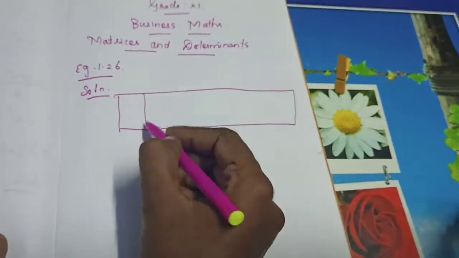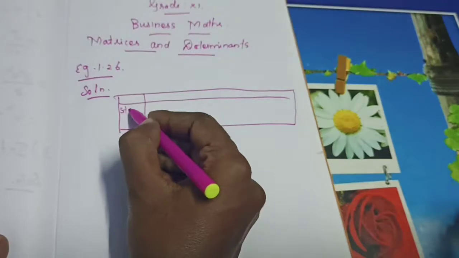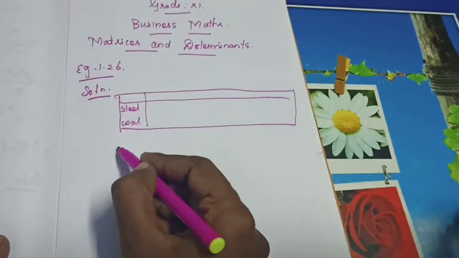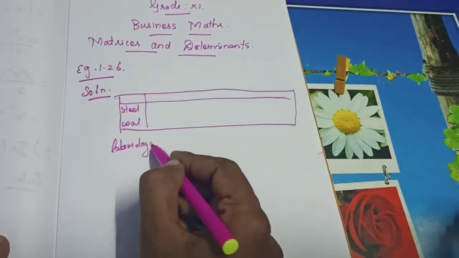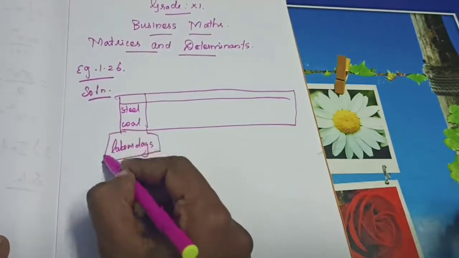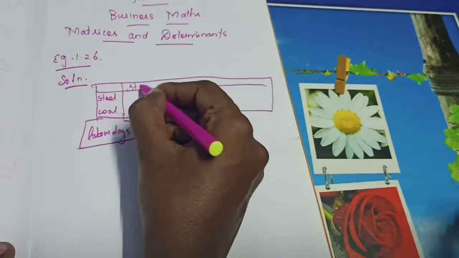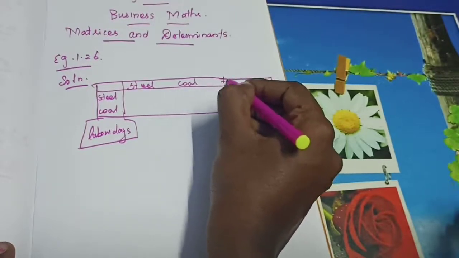So here it is steel. Next one is coal. Next one is labor days. Next here it is steel, next one is coal, next one is final demand.